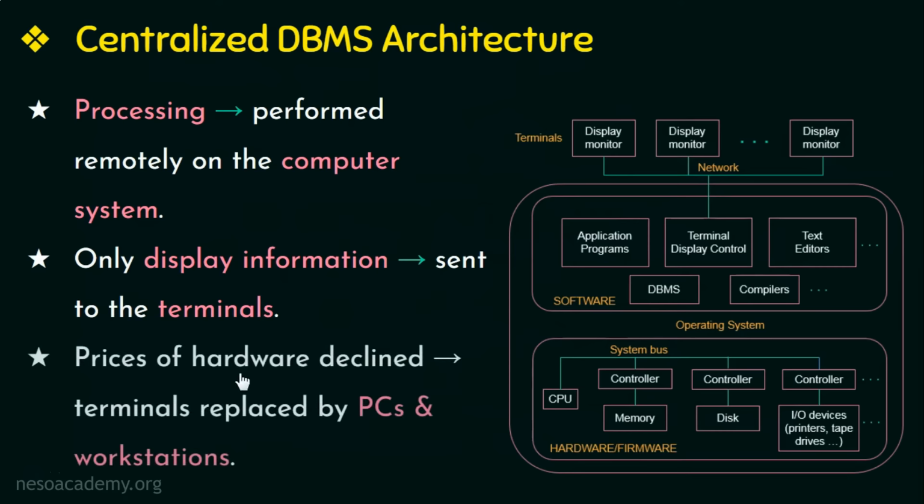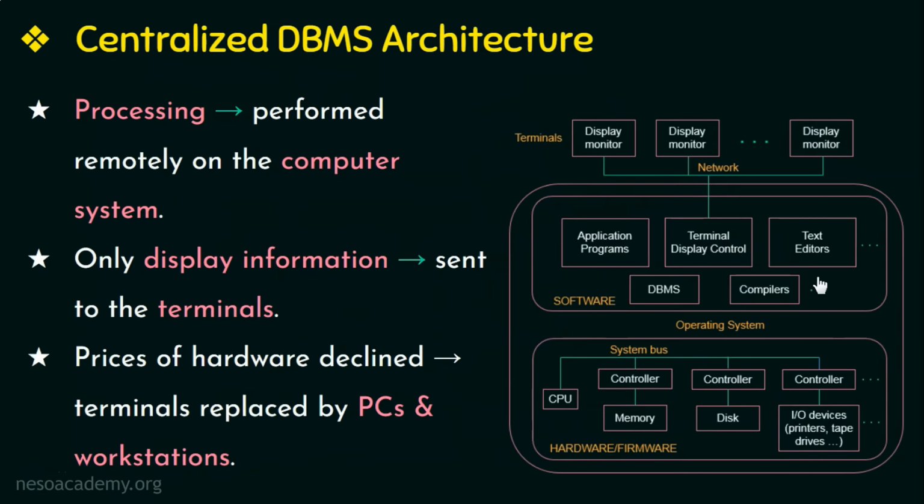Now, as the prices of hardware started to decline, the terminals were replaced by personal computers and workstations. Initially, database systems used these computers in a similar way as the display terminals. But the DBMS was centralized, where all the functionalities of the DBMS, user processing, and execution of the application program were done on one machine.